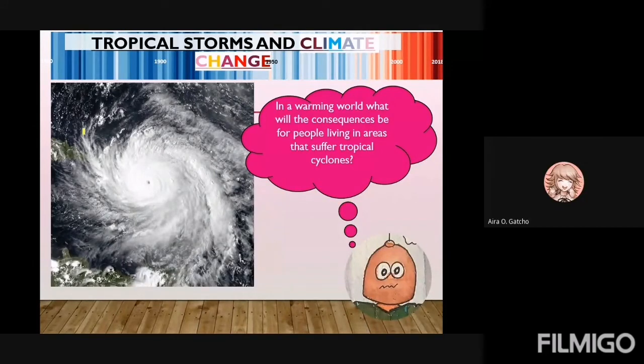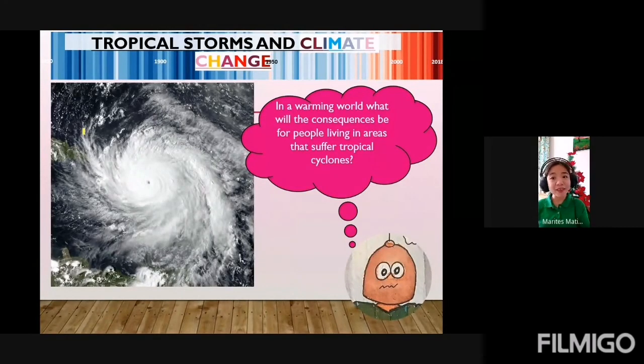Ma'am, mas maganda pong tumira na lang po sa malayo po sa dagat and then magtanim po ng maraming puno. Ira, pwede rin, di ba? Kung may choice pa tayo, pwede tayong tumira malayo sa mga dagat. Kasi nga, magkakaroon pa po ng storm surge.